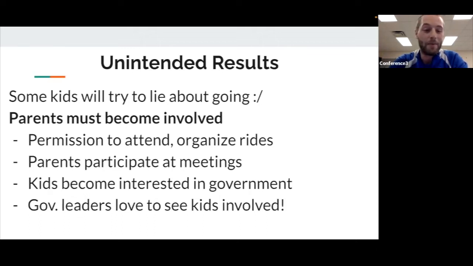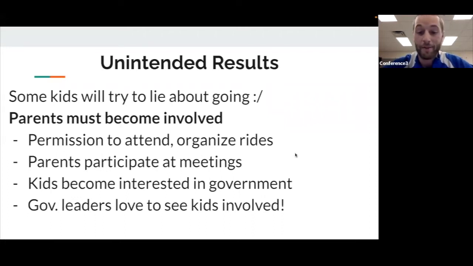And that's probably my favorite unintended result: these adults who generally don't show up to meetings, don't get involved, this provides a wonderful excuse for them to know when and where to show up. So this is kind of a 2 birds with 1 stone thing, getting the parents and kids involved.